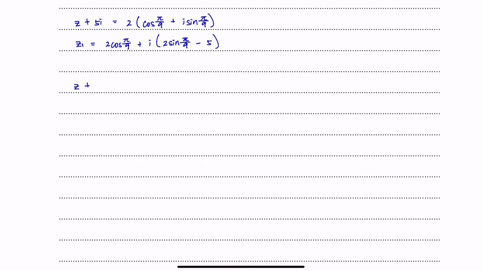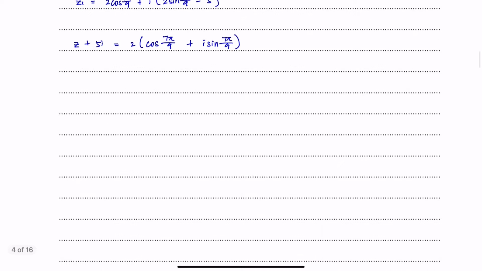Second root, z plus 5i equals 2 times cos 13 pi over 9. Oh, sorry. 7 will go first. 7 pi over 9 plus i sine 7 pi over 9. So the second root would be 2 cos 7 pi over 9 plus i 2 sine 7 pi over 9 minus 5.